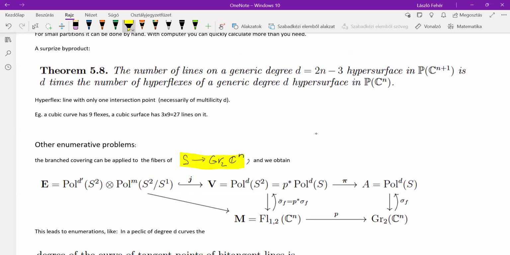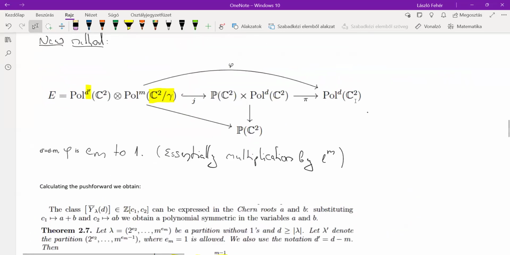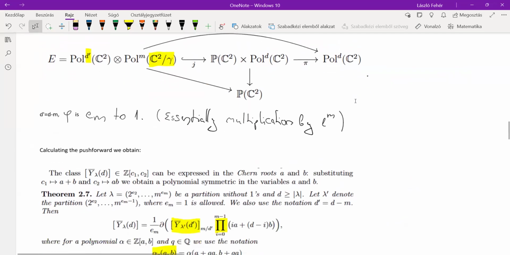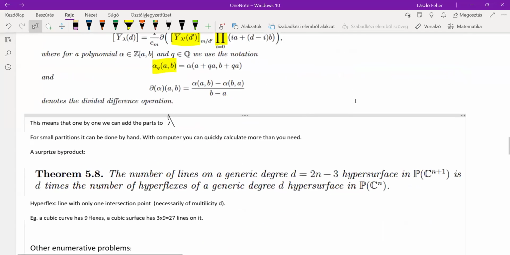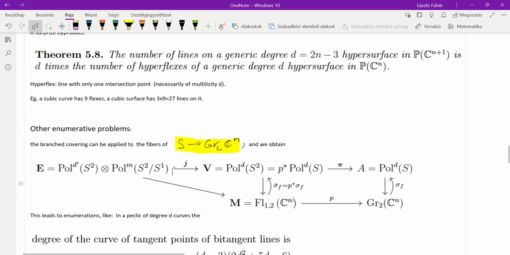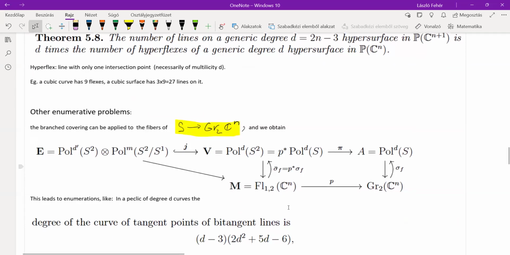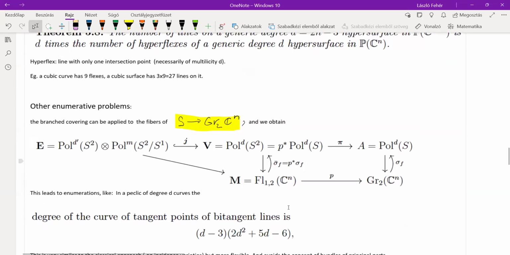So basically, in the previous diagram here, you replace C2 by the tautological line bundle. This will have the effect that the base will change from the projective line to a partial flag manifold.